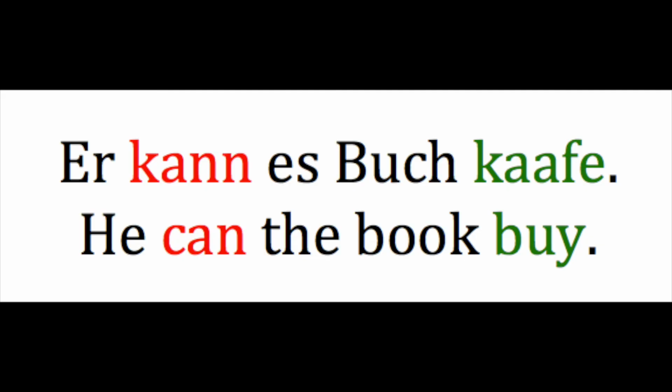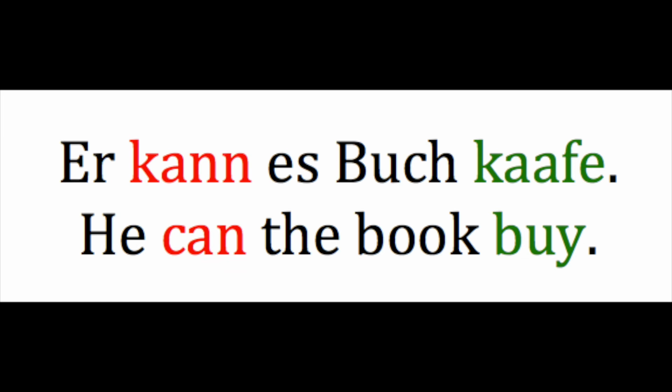Okay? Here's an example with kenne. We want to say, taking our example from up above, I believe it was, he can the book buy. That's right. It looks weird. And I did this just to show you what it ends up being. Kann es Buch kaufen. Conjugate the modal, goes to kann, move the verb all the way to the end. Kaufen.